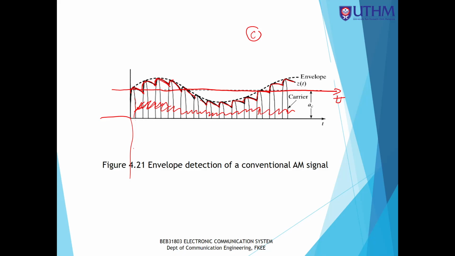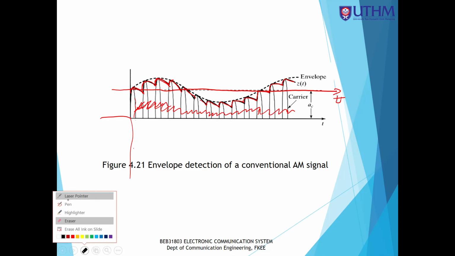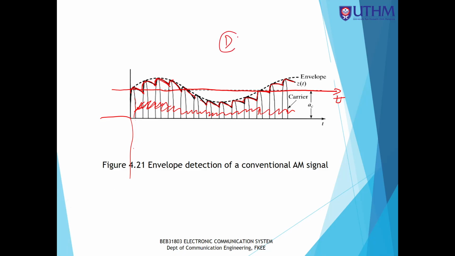Okay, so at point D, you're going to get a sine wave at the x-axis. A sawtooth shaped sine wave like this, which is centered at the x-axis.